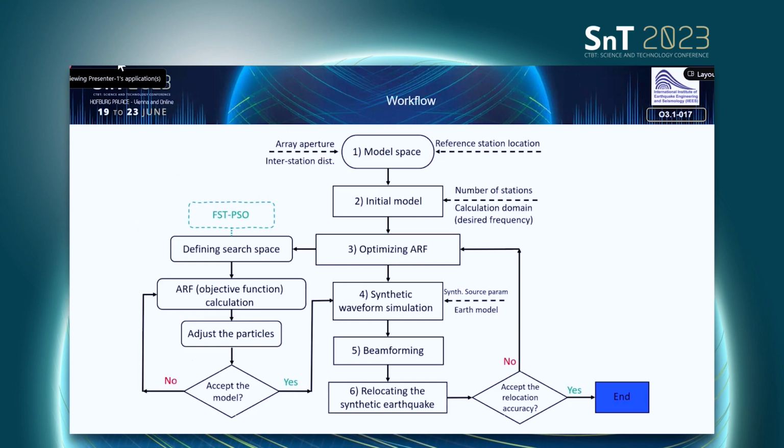In the third step, we will find the best array geometry using an optimization method. In the next 3 steps, we will try to validate the optimized array in terms of its relocation power. Basically, we will use synthetic waveform modeling to validate the location of the synthetic earthquakes and measure its accuracy.